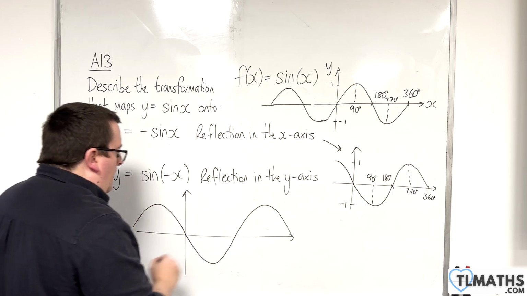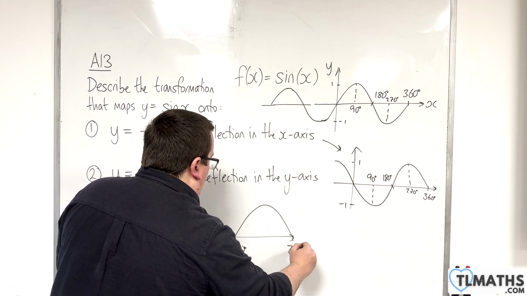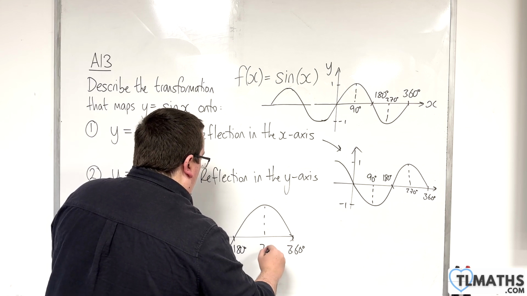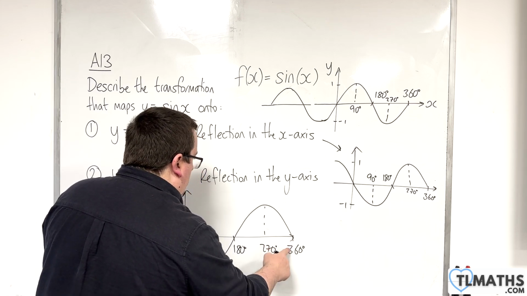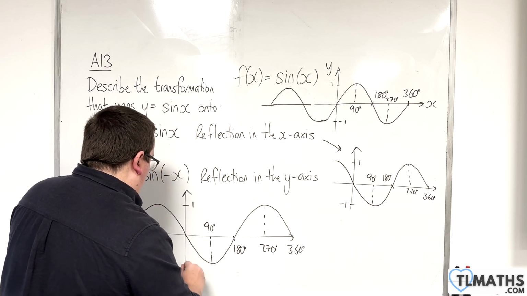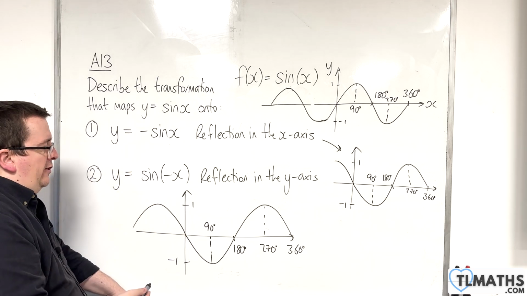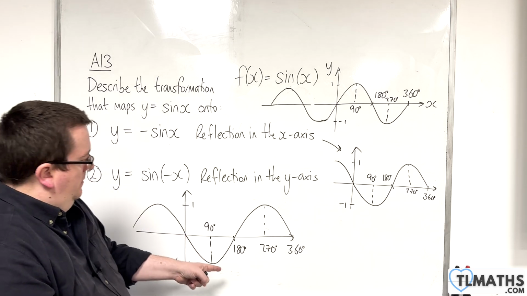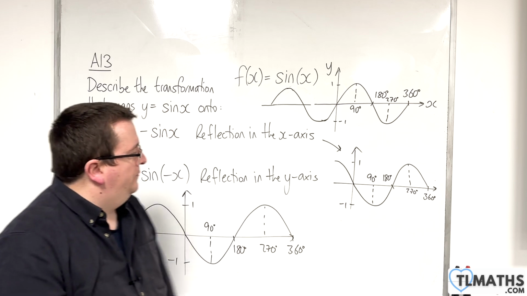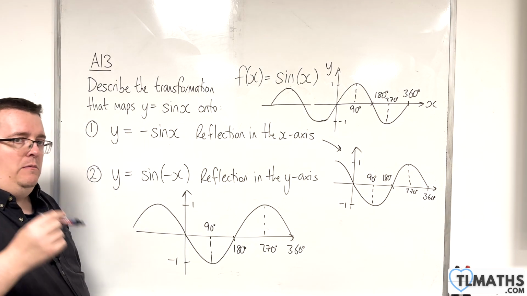Okay, like so. So here's your 180, there's 360, there's 270, there's 90, there's 1, there's minus 1. And what graph does this look like? Well, it looks just like this one. So actually, what we've got to is the same graph.